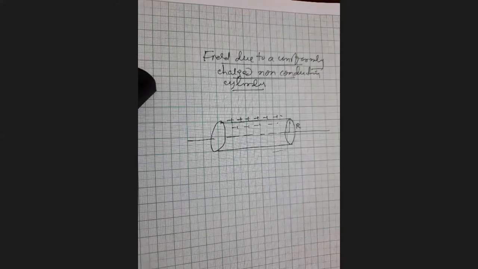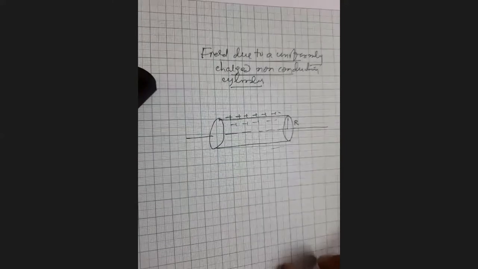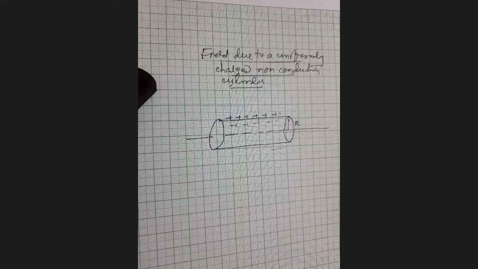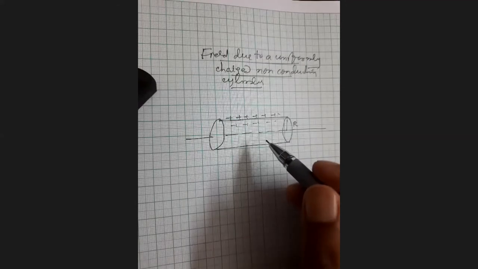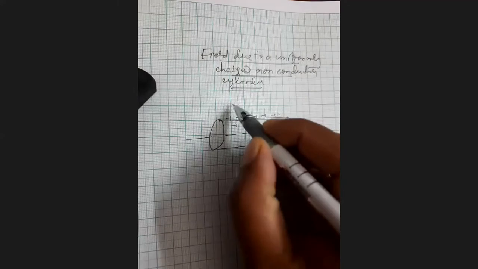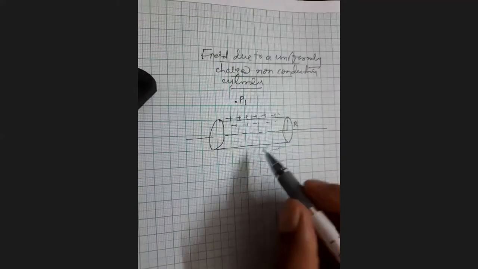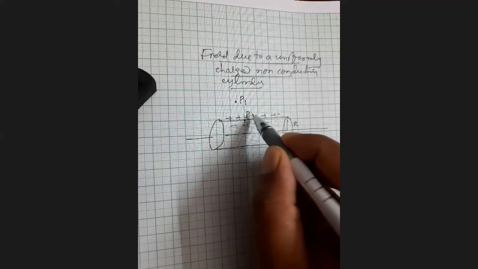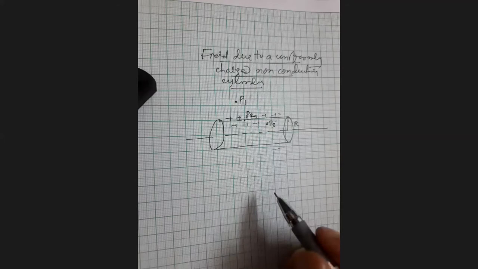So let us consider three points. One is the point P1 outside, the point P2 on the surface of the cylinder, and the point P3 inside the cylinder.